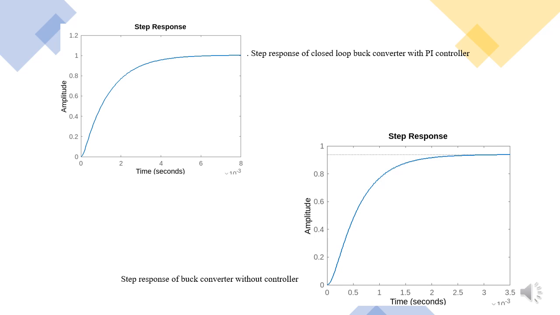In order to find out how practical the PI controller is, the step response of the closed loop buck converter without a controller is also shown on the left. On the left, it is obvious that there is a steady state error in the response, and it is also shown that the step response is much slower compared to the controlled one.